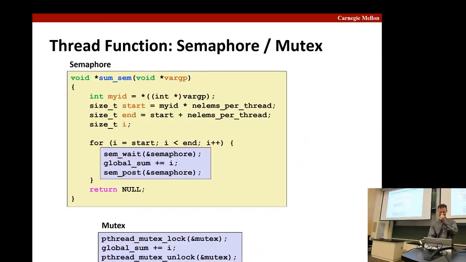All right, so let's try putting a semaphore around this. At least this becomes atomic. When I'm adding i to the global sum, no one else is updating global sum at the same time. Alternatively, we can use the mutex, just the binary version of the semaphore.